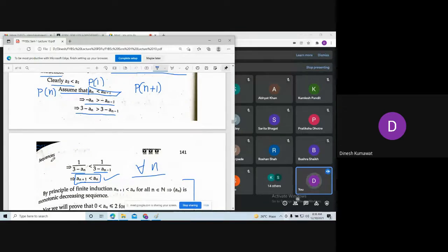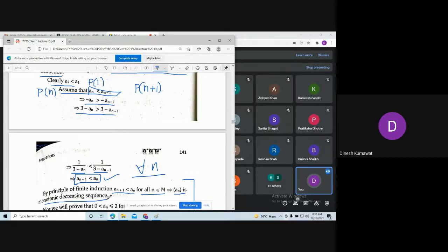Whenever I say an plus 1 is strictly less than an, that is the weaker statement. Actually it is not like that: a strict inequality would be the stronger statement, not the weaker statement. Remember that. So by the principle of finite induction, or mathematical induction, we have shown this result for all n. So we conclude an is a monotonically decreasing sequence.